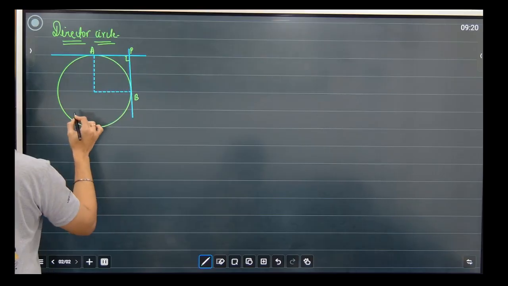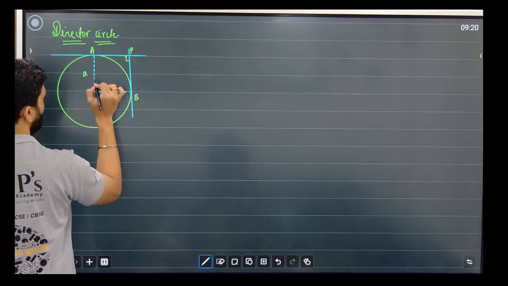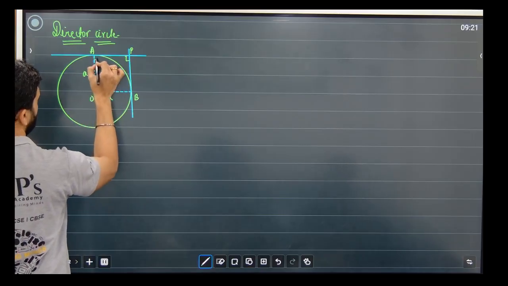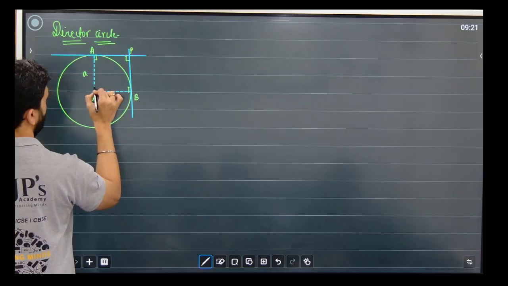Let's take this as B, and this one as O. My radius is a, this is a. Obviously this is a right angle, this is a right angle, so by default this will also be a right angle.